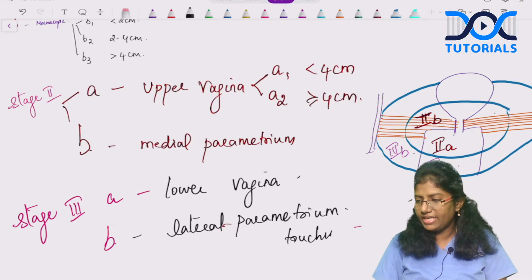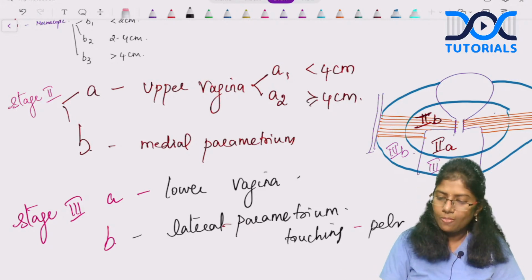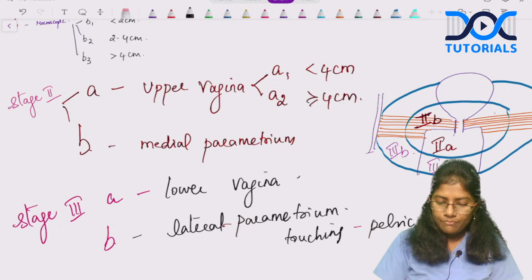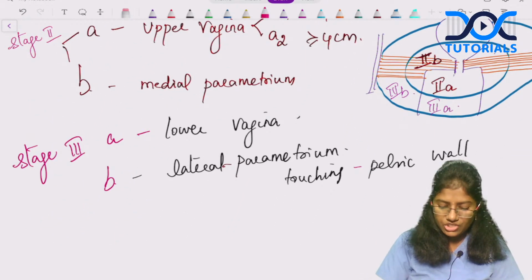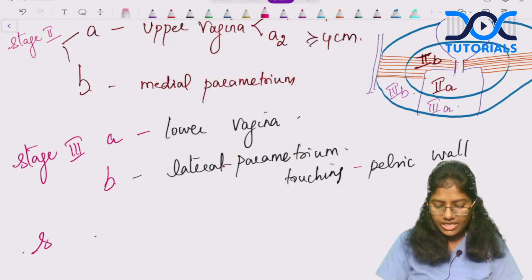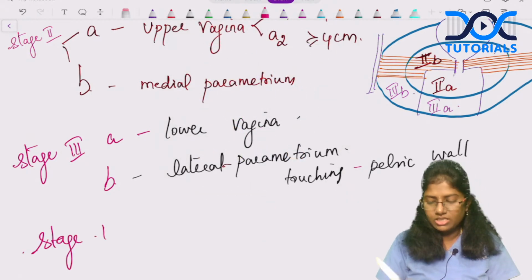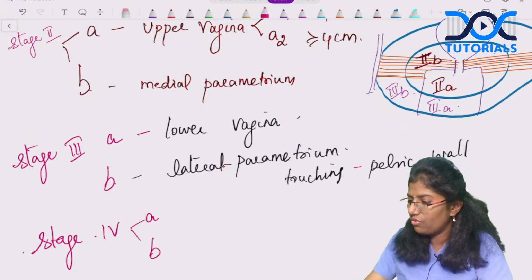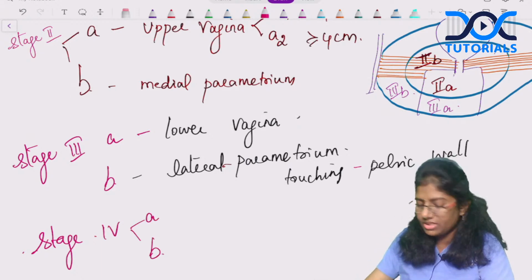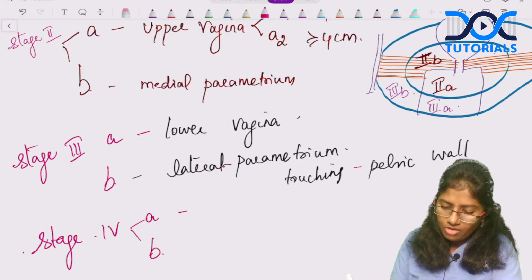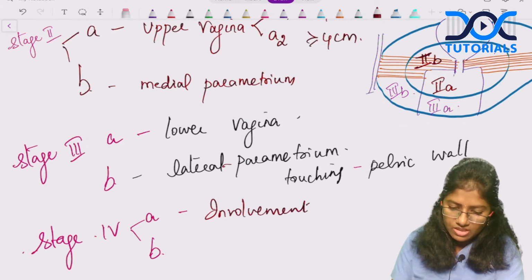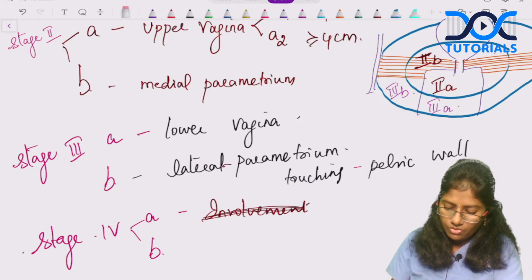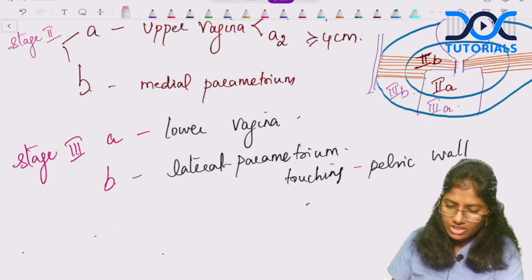So finally we have stage 4. Stage 4 again has 4A and 4B. Sorry, I'm missing one point here, that is 3C.